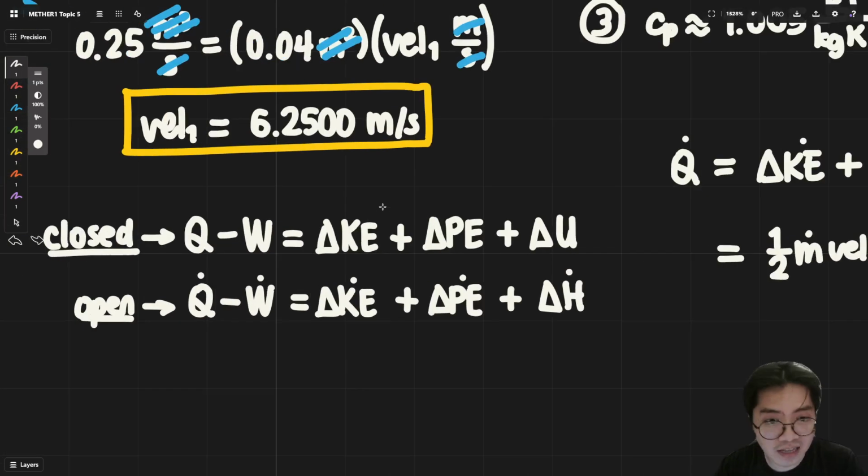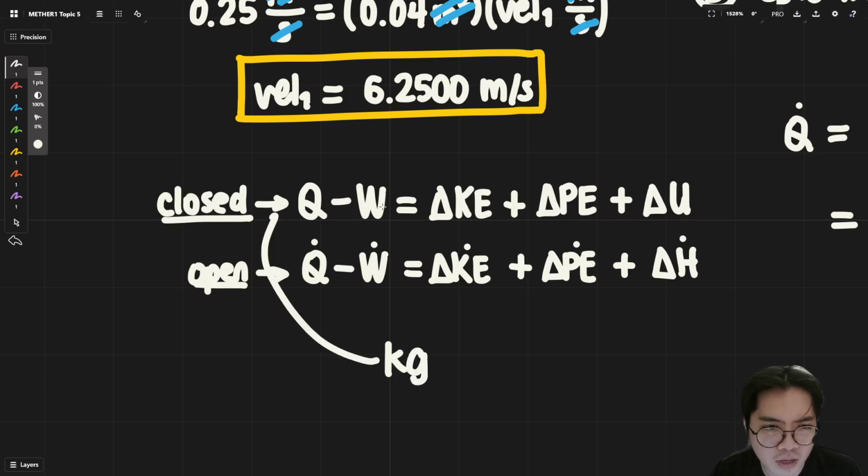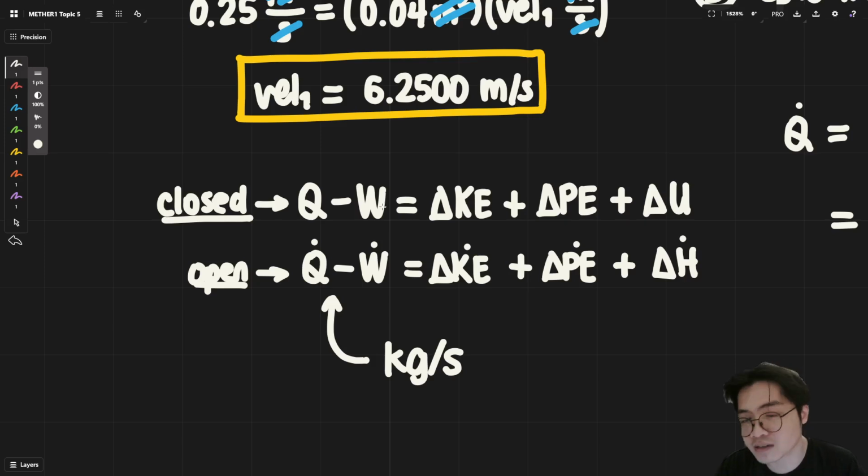This is actually a telltale sign that you're working with a closed system or an open system. If you're not sure what is happening, you can ask what the mass is. If the problem replies with, oh, kilogram, okay, so I'm working with a closed system. But if they reply with kilogram per second, you now know things are flowing. That's an open system.